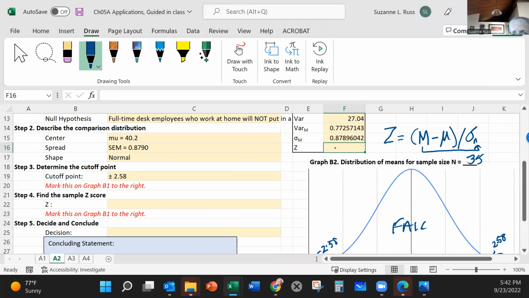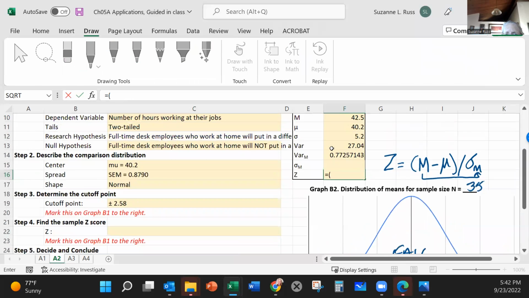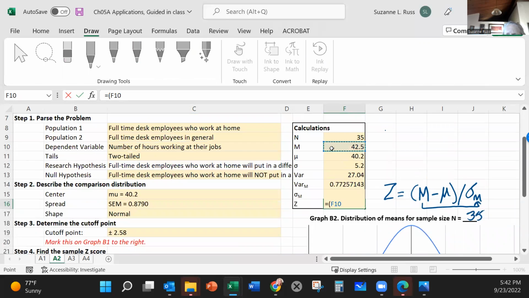It's for the distribution of means. And so let's type in that formula. Equals, parenthesis, let's get our M minus our mu divided by our SEM. Not our variance, but our SEM.